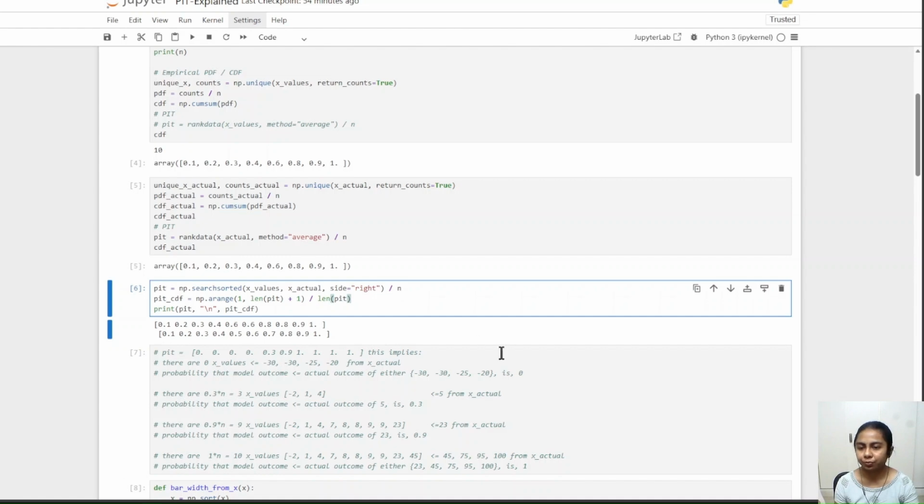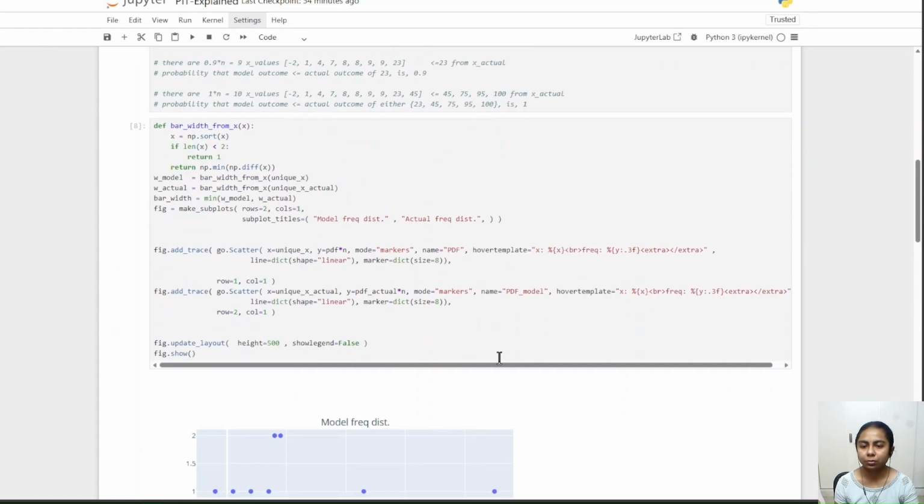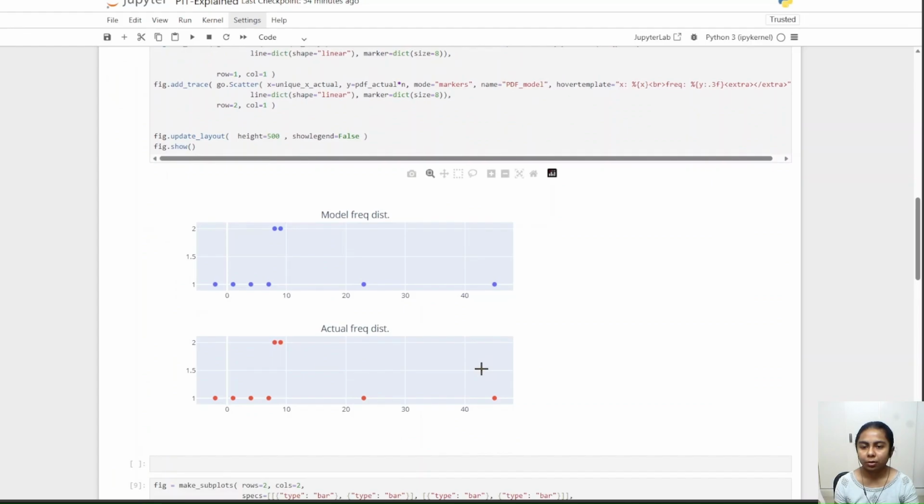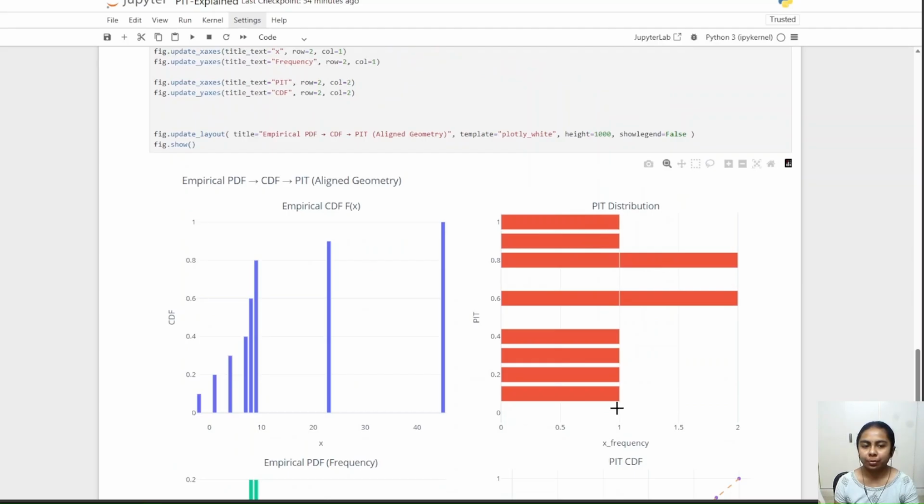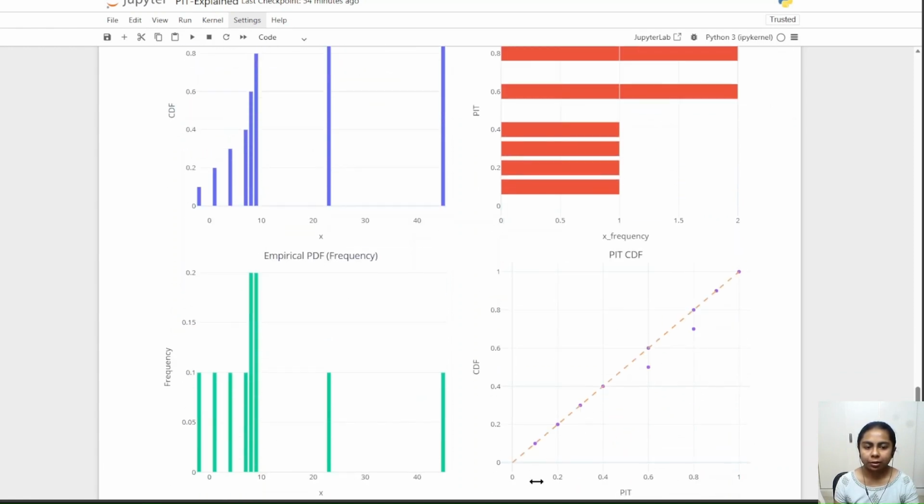As expected, we have the PIT distribution uniform, and the PIT CDF is very close to the 45 degree line.